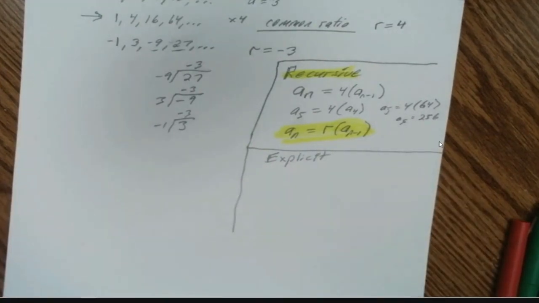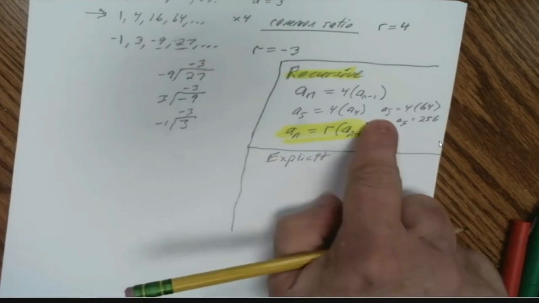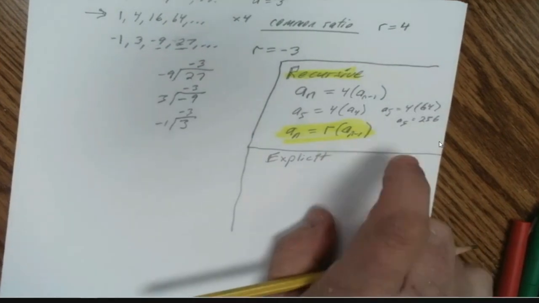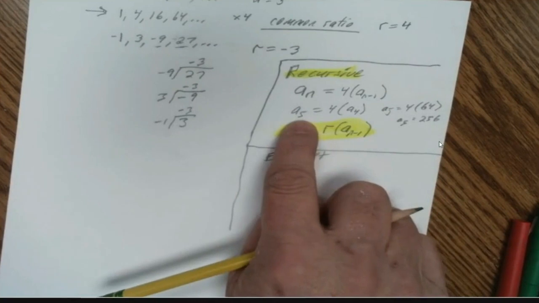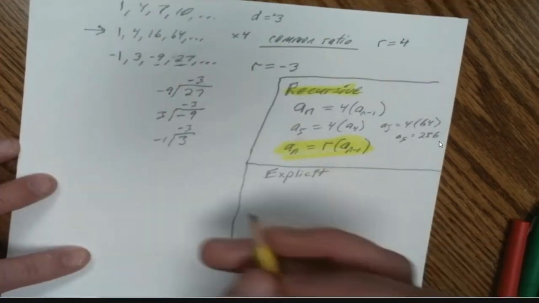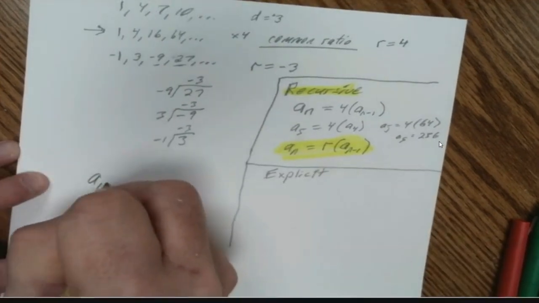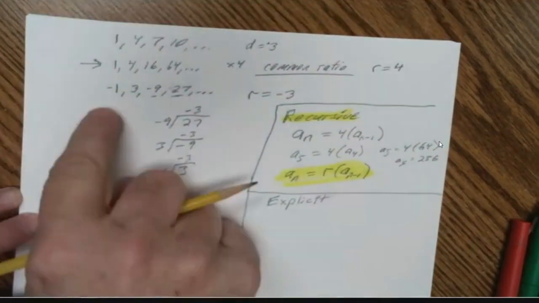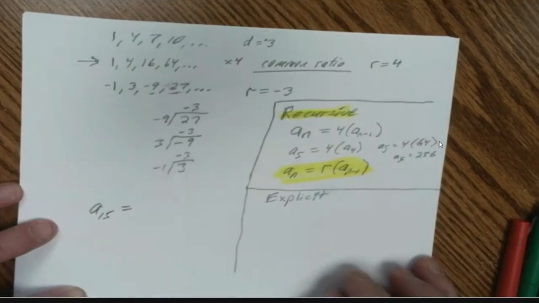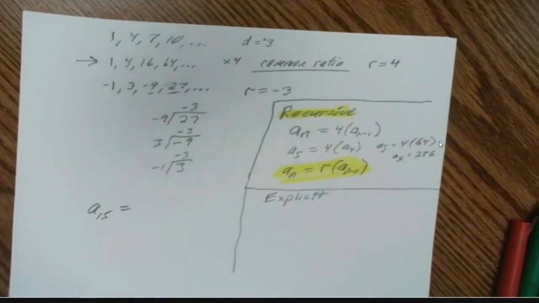Because otherwise I'm going to have to find a sub 5, a sub 6, a sub 7, a sub 8, a sub 9. I've got to keep going all the way to a sub 14 before I can calculate what a sub 15 is. So if I want to know what a sub 15 is for this sequence, again, same sequence up there, 1, 4, 16, 64, we need to know what is the explicit formula.